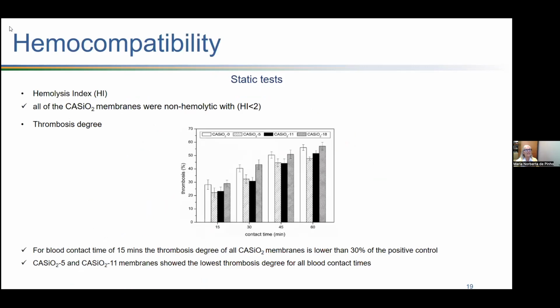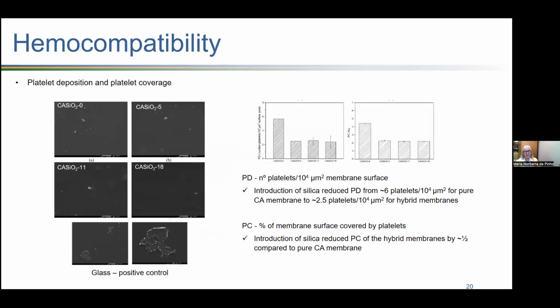And now about the hemocompatibility, all the membranes were non-hemolytic with an HI parameter less than 2, and the thrombosis degree, as we can see here, for a blood contact time of 15 minutes, is lower than 30% of the positive control for all mixed membranes. And also the two membranes with 5% and 11% of silica show the lowest thrombosis degree for all blood contact times. Okay, so we are happy with that.